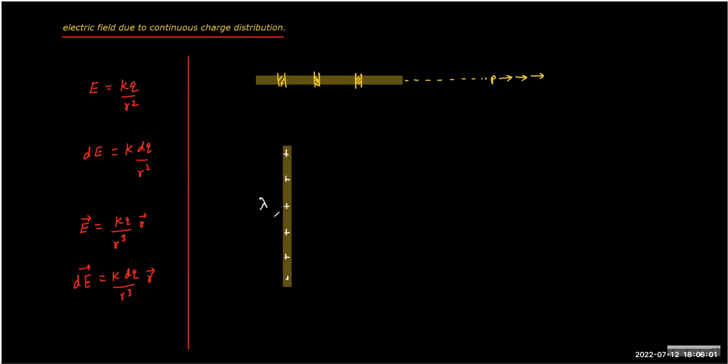That is a convenient way of writing. Whenever lambda is there, you can write dq equals lambda into some length, that's called dl. Now, are we looking for the electric field on the axis or off the axis? The answer was, of course, off the axis. So I'm looking for somewhere here, the point P.